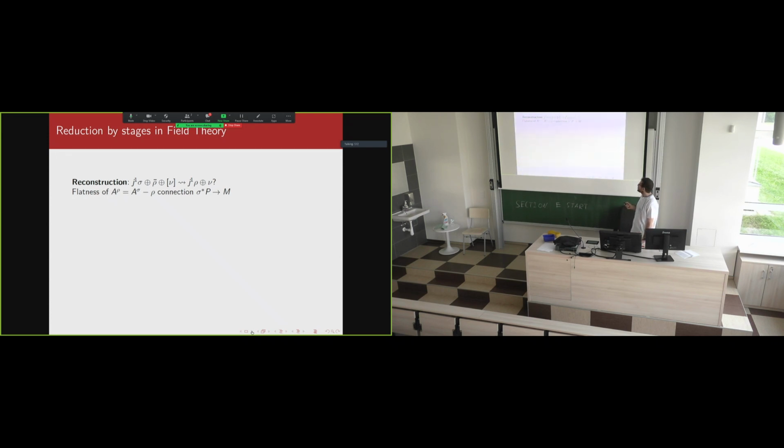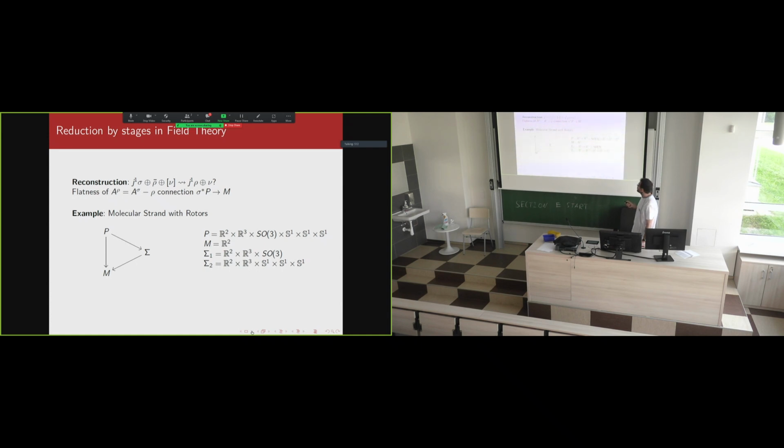And this is not always the case. In mechanics, I always have this unreduced solution, but now in the case of field theory, I don't always have that solution. I have to take into account the holonomy of the bundle and then also the flatness of a certain connection that I can define from the reduced solution.